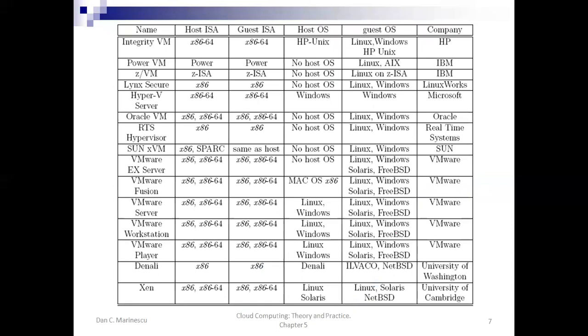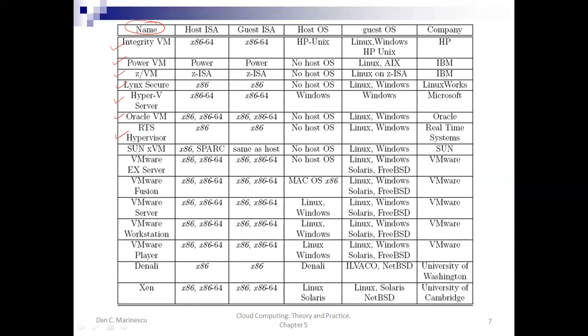So this table consists of different virtual machines. What does it consist of? Just look here. We have the name, which means the name of the virtual machine. There are many, and we have listed a few virtual machines here.